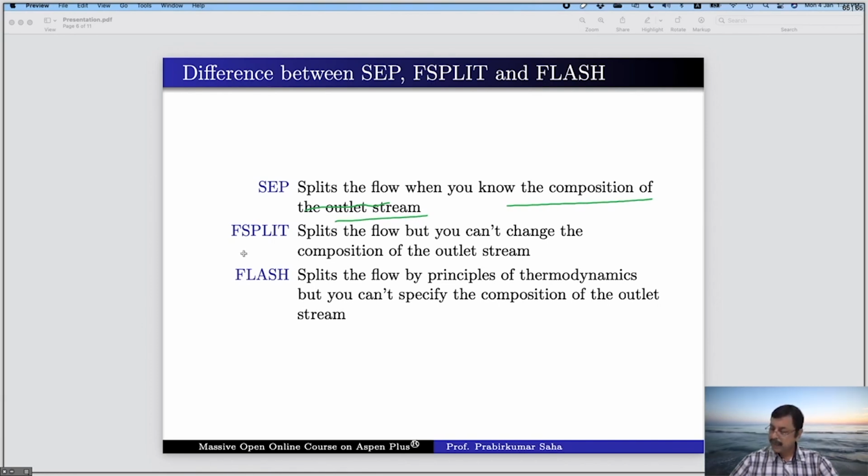While FSplit also splits the flow, but you cannot change the composition of the outlet flow. It is decided by the model equations. And flash also splits the flow into vapor and liquid, but it follows the principle of thermodynamics. And here also you cannot specify the composition of the outlet stream.